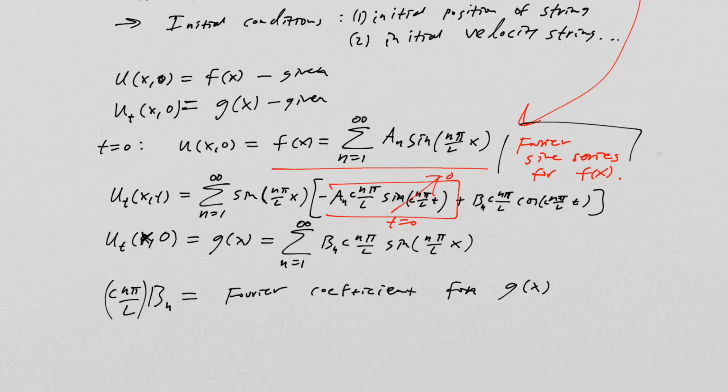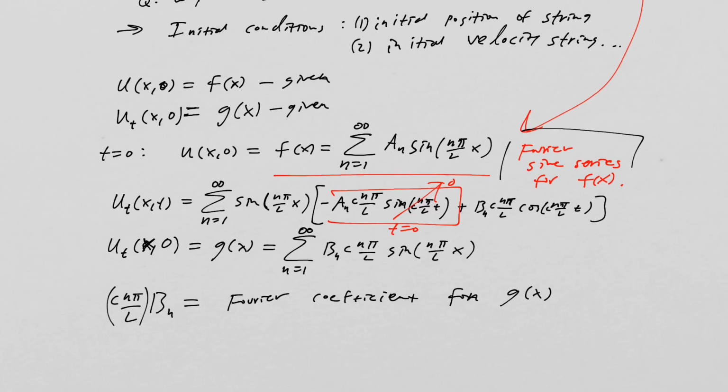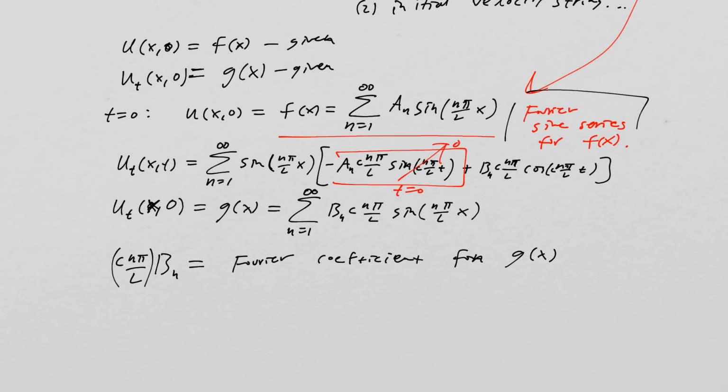I hope that helps explain how to find the solution. At any rate, what we have here is our general solution, and I'll write it again: u general of x comma t is going to be all these trigonometric functions.